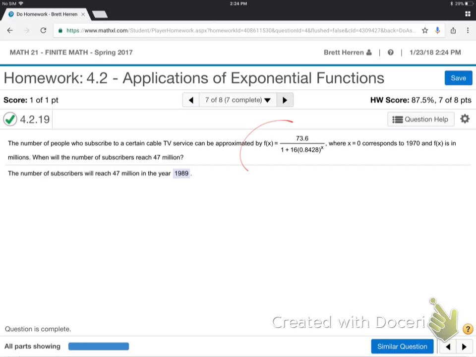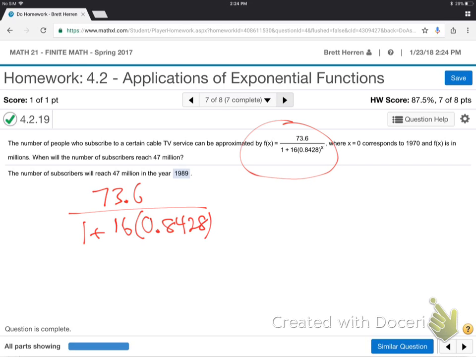All right, here we go again. So they give me this function: 73.6 over 1 plus 16 times 0.8428 to the x power. And they want the number squared to be 47 million. That means that's the other side. The 47 million goes on the other side.